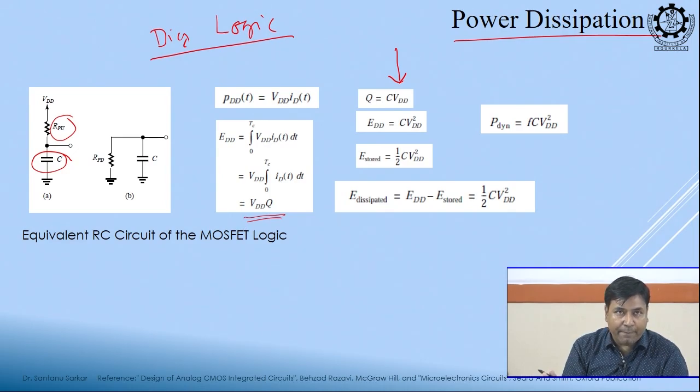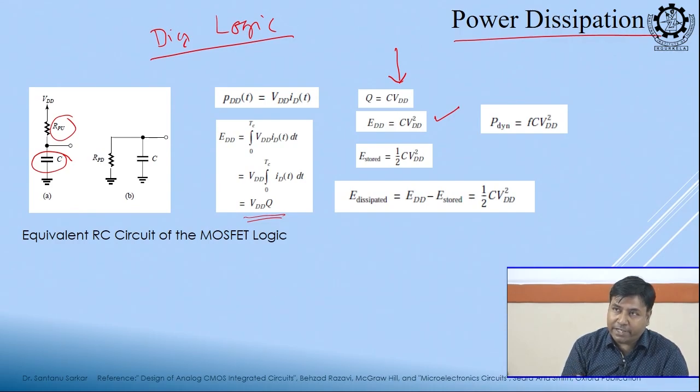As full swing is happening 0 to VDD, Q is C VDD, right. So, this Q will multiply with VDD. So, total energy is C VDD square.